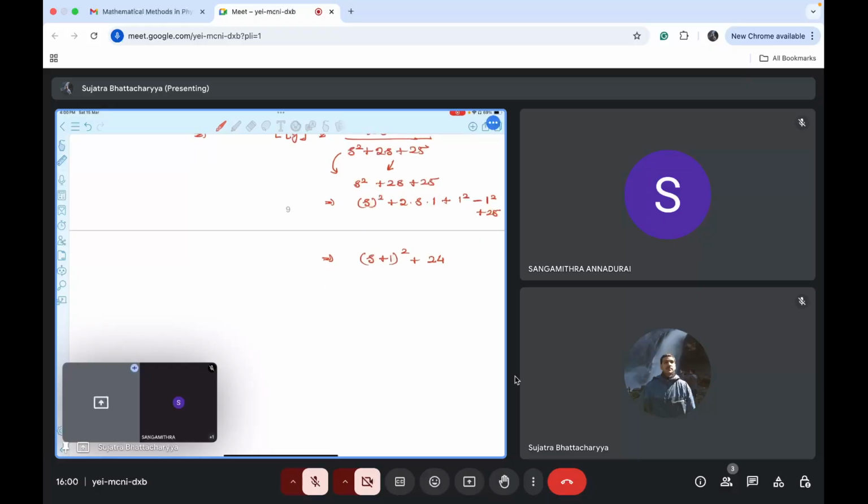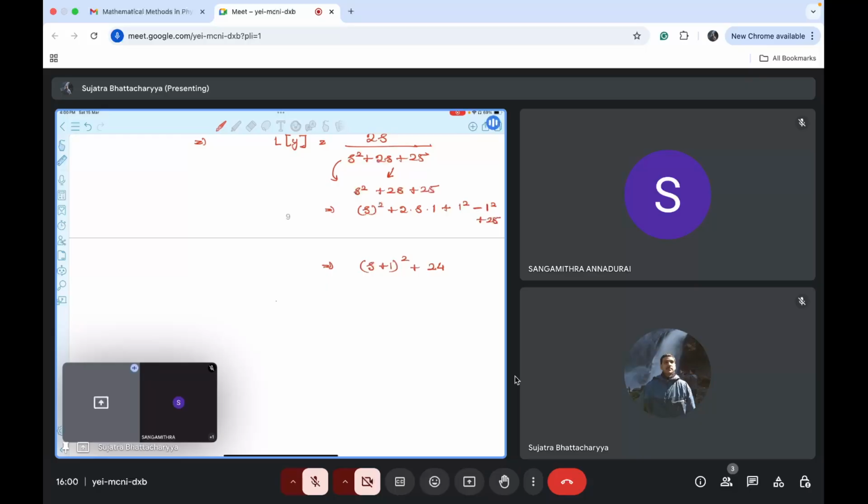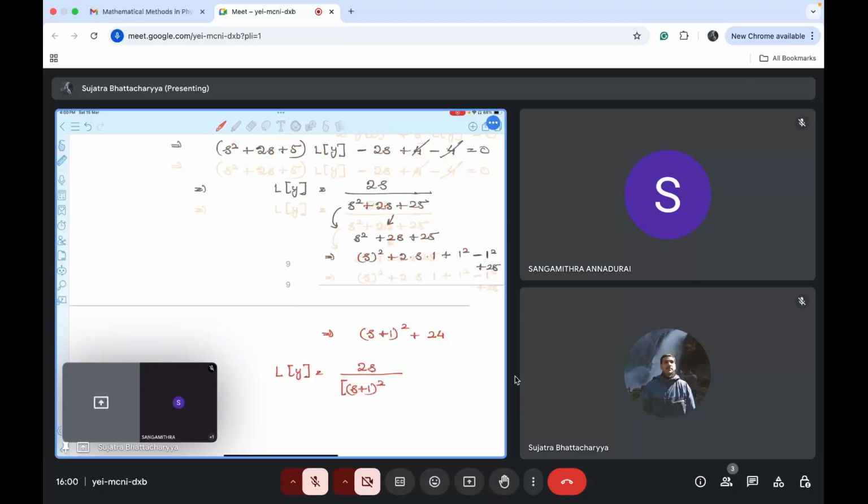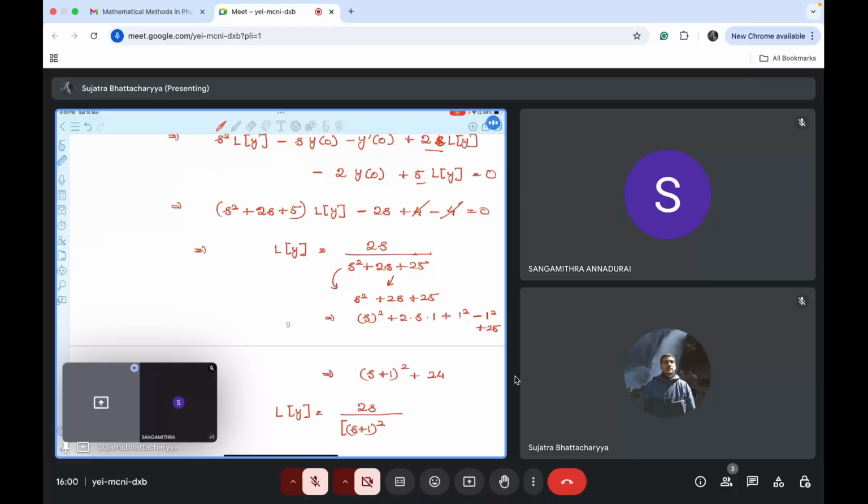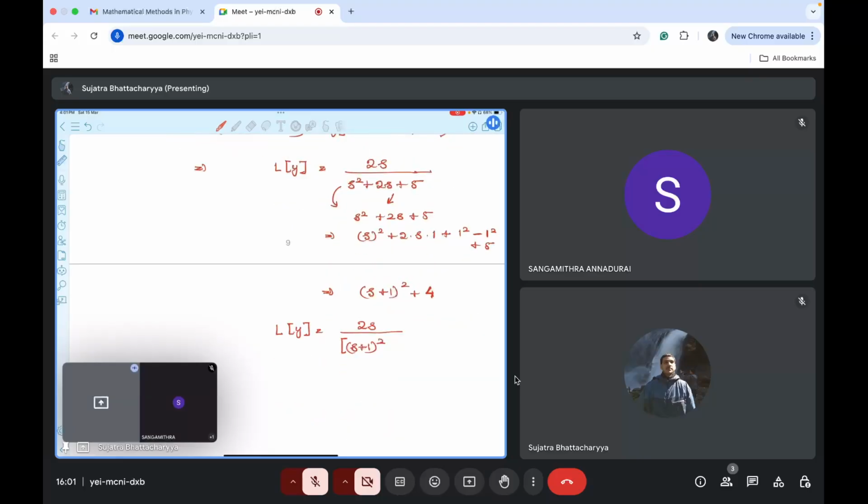Fine. So what you get is that L of y is nothing but 2s divided by s plus 1 whole square plus 4. Here 5 minus 1 is 4.